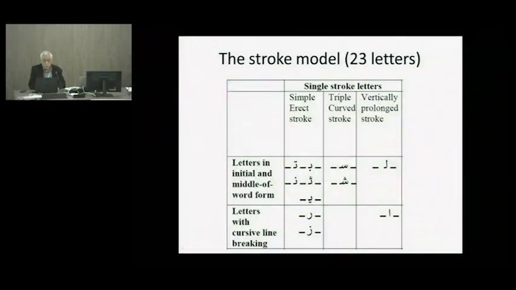Three dots underneath would be y, three dots above would be th, then one would be nun, then two dots above would be t, and then ba. If you make a triple curved stroke, then you get the seen, and then you get the sheen here, seen, sheen. And then you have the same stroke, you make longer, and you get the lam. So you have a very important part of the alphabet here.